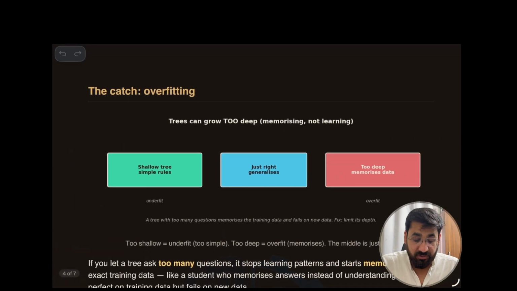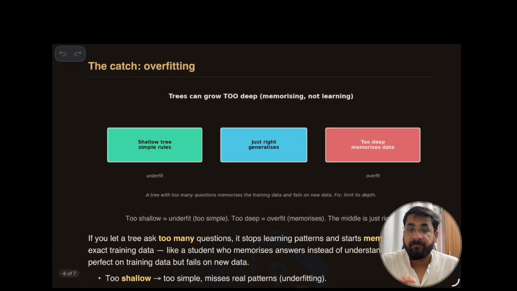You got the advantage. Now come the two drawbacks. These are the end points, because you ask a question and you get the answer. But if you ask 200 questions and then give the answer, what is the logic? What did you learn? You just memorize. This concept is called too deep.